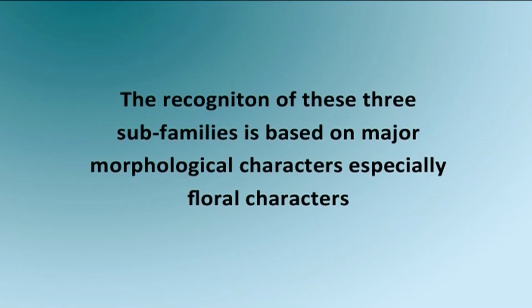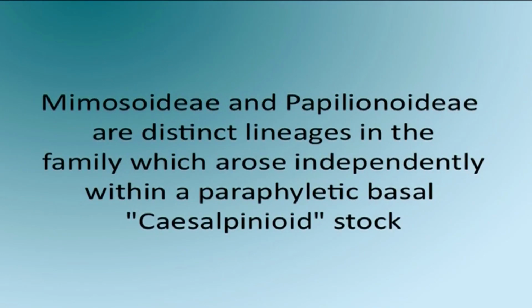The recognition of these three subfamilies is based on major morphological characters, especially floral characters. Differences in these characters led to the view that Mimosoideae and Papilionoideae or Faboideae are unique and distinct lineages in the family, which arose independently within a paraphyletic basal caesalpinioid assemblage.